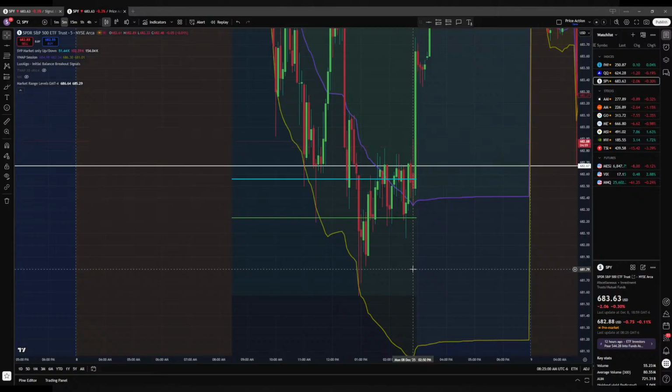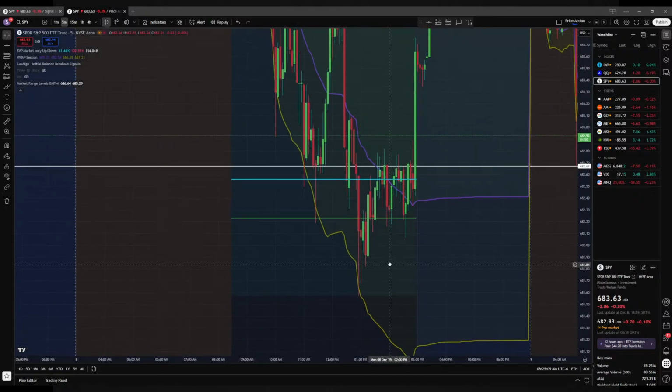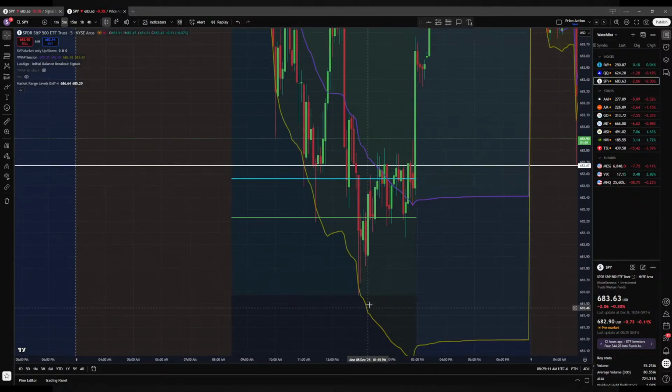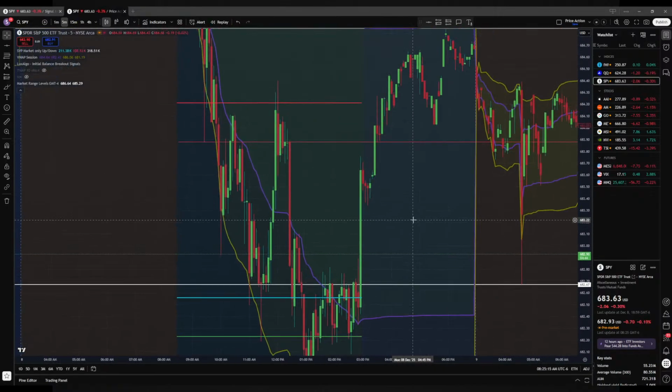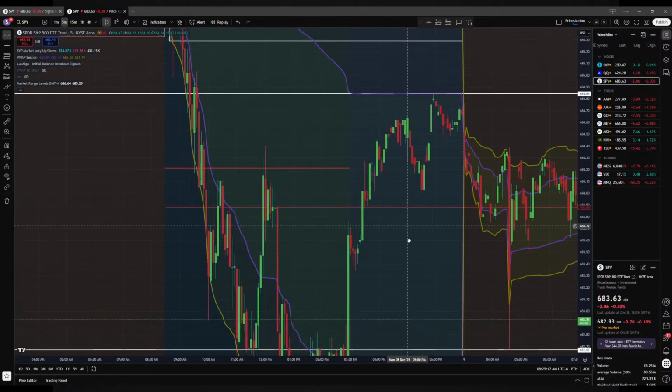Maybe you can get 25% there, but definitely not 50%. And as you can see, it doesn't even come down to our VWAP take profit level. It's just an example.